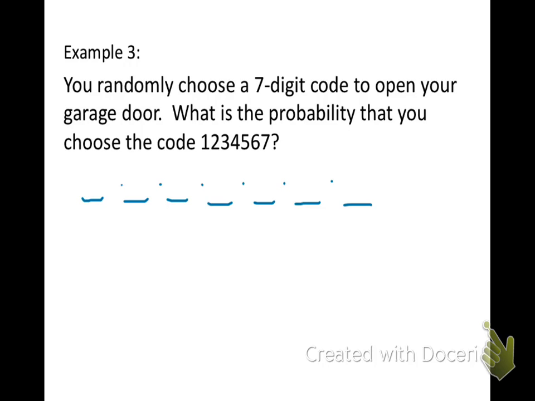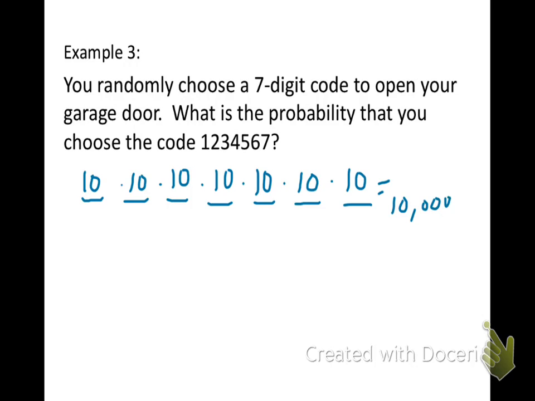And I'm choosing digits. It doesn't say anything about repeating them. So I have 10 choices each time, or the total possible would be 10 million.